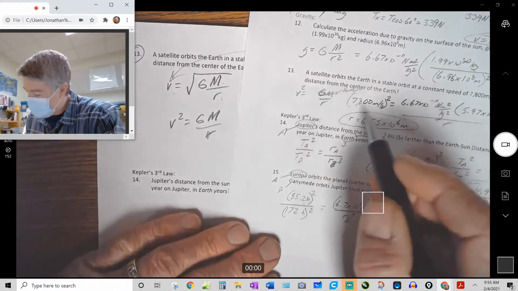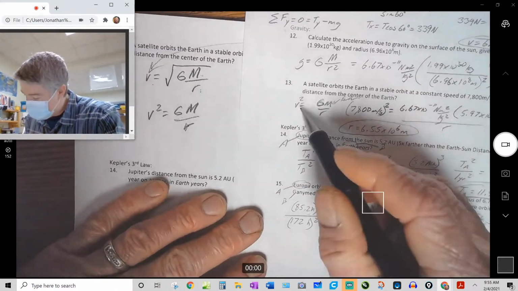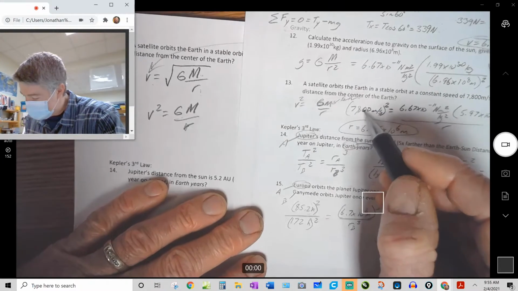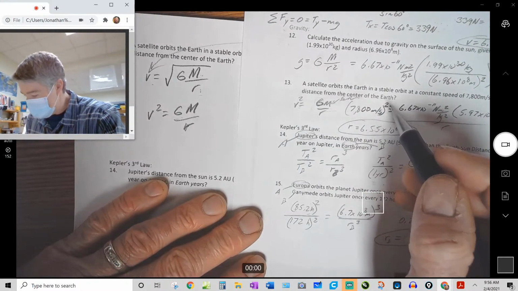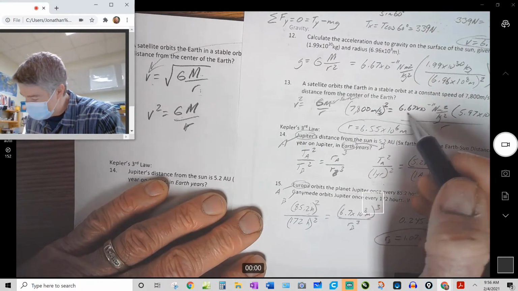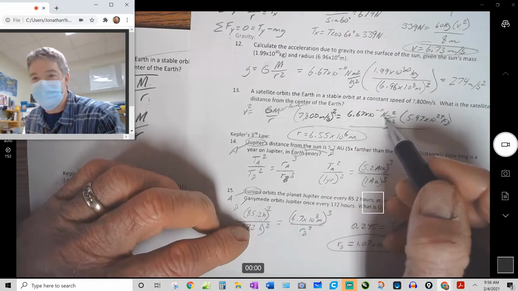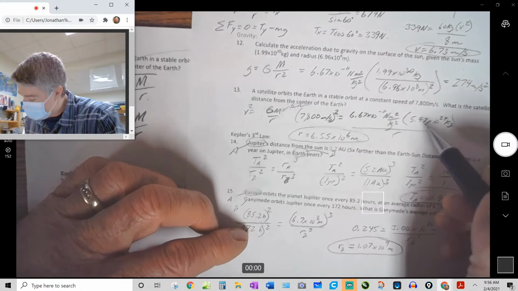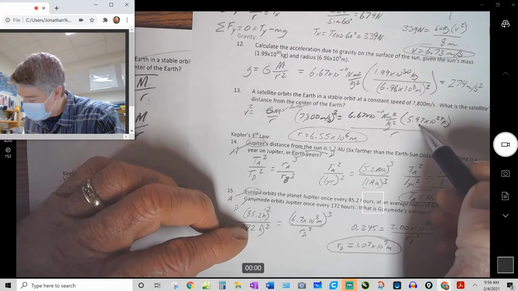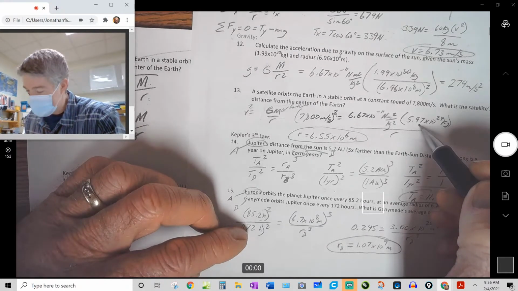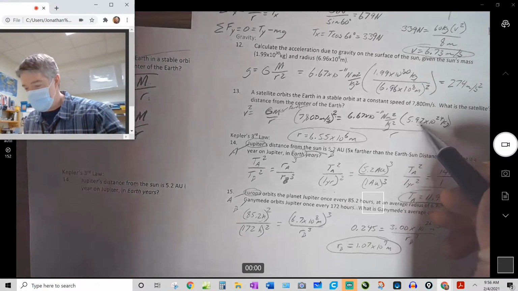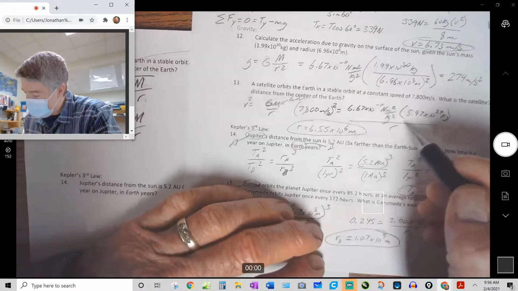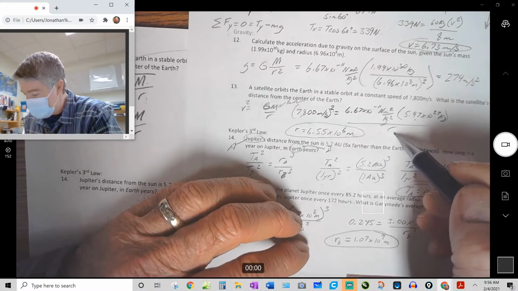So v squared is 7,800 meters per second squared, and G is 6.67 times 10 to the negative 11th. And then the mass of the Earth is 5.97. You can find that from earlier in the handout. And then I just kind of have r equals there.